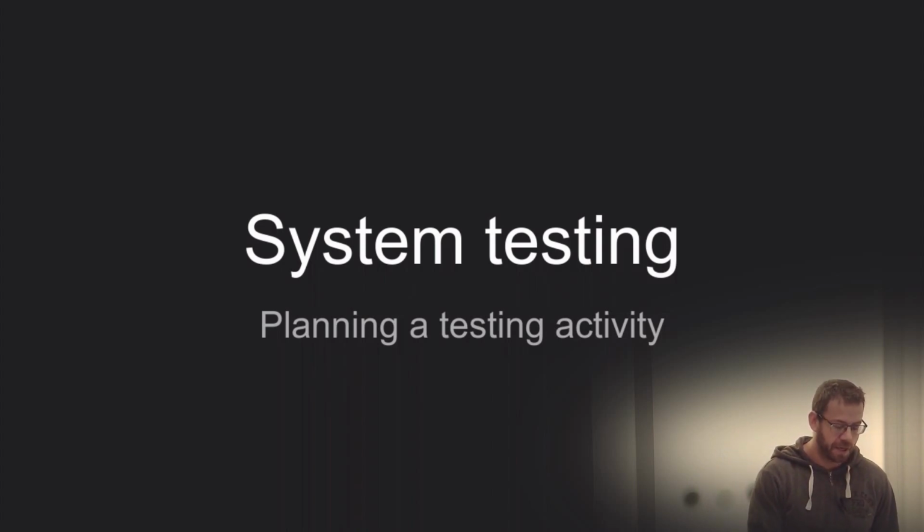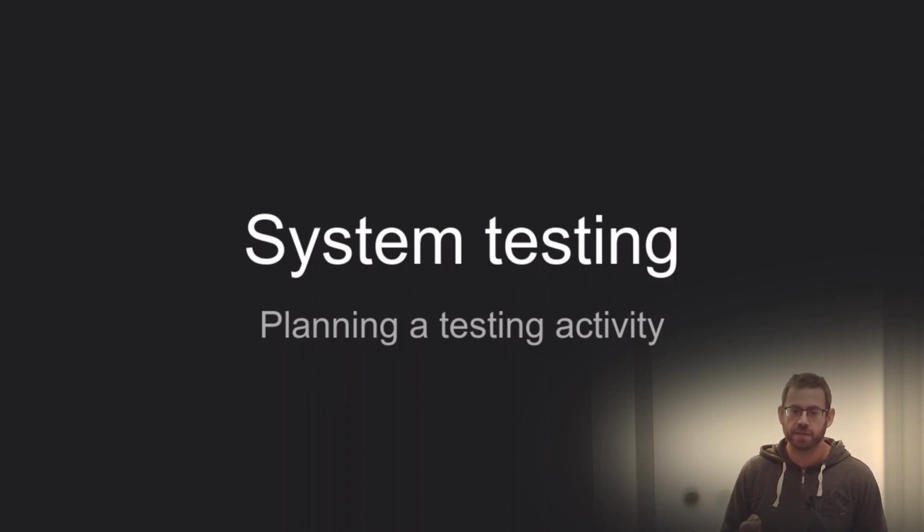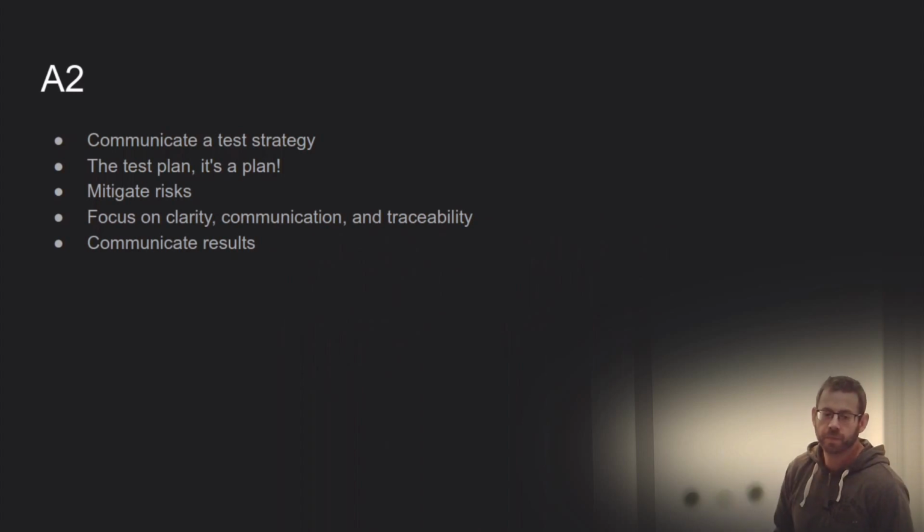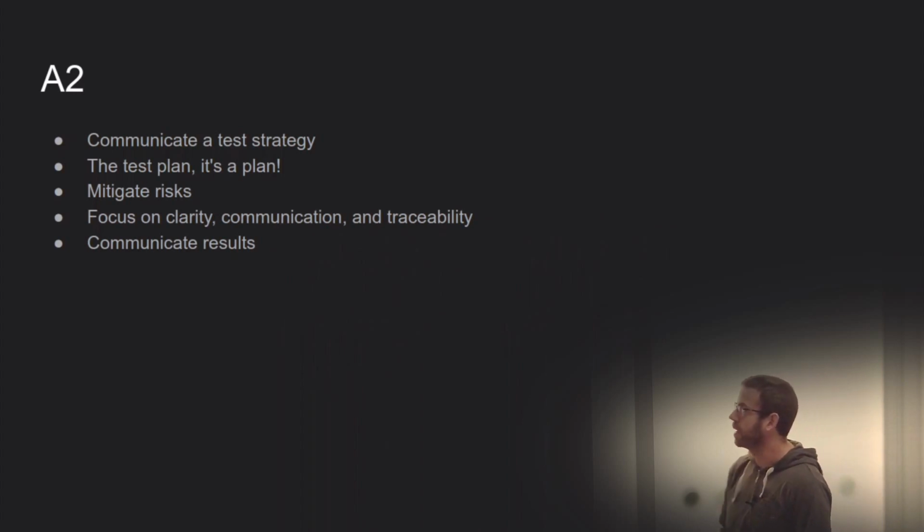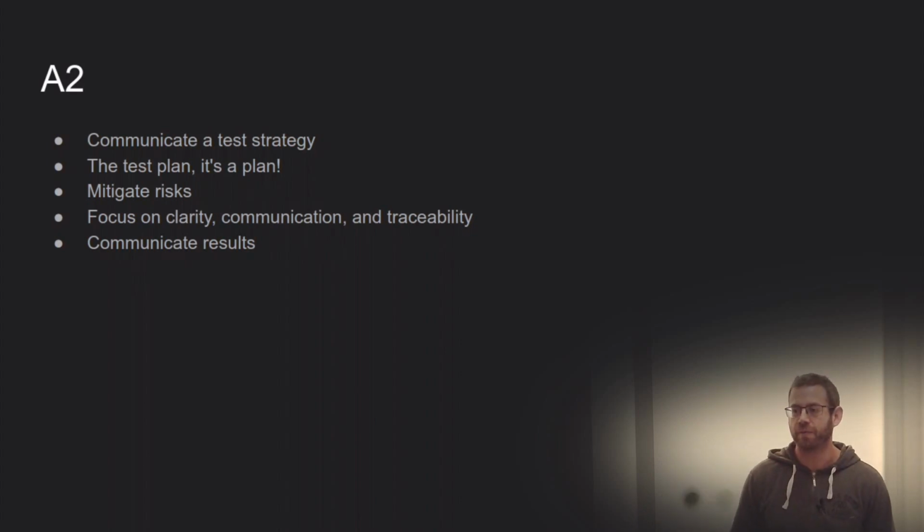System testing. This lecture is more or less aimed towards assignment 2. Assignment 2, if you have read it, is more or less a test effort for a product. You form a group and get an assignment to test a product for a specific scenario, and then you come up with some kind of test strategy.